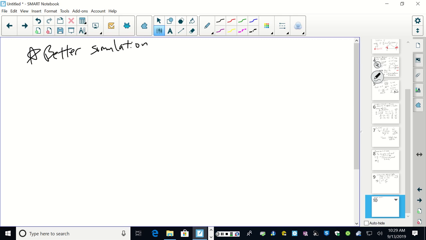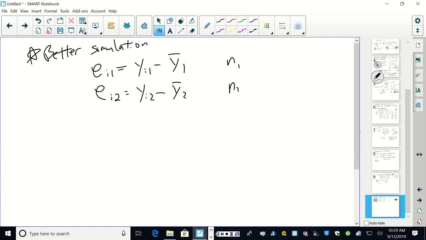let's take the residuals. Take the deviations from the mean in the two groups. There's E1 in one of these and E2 in two of those.